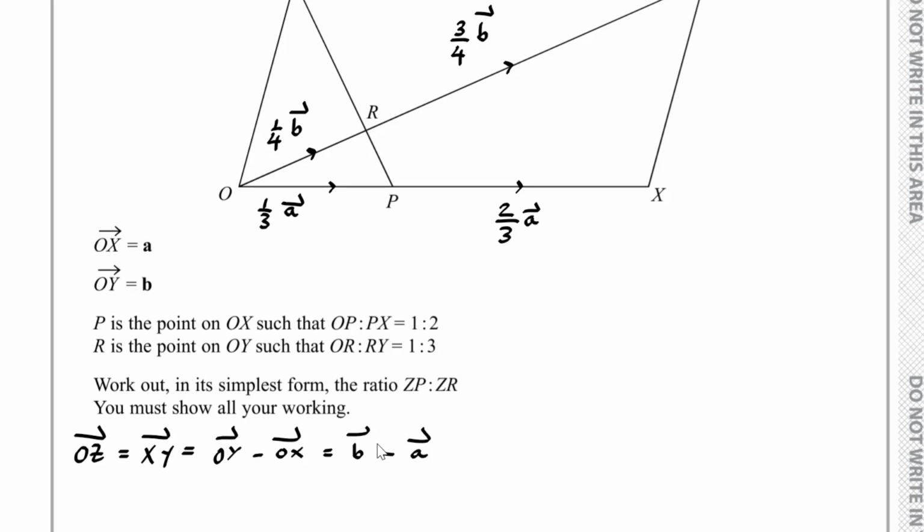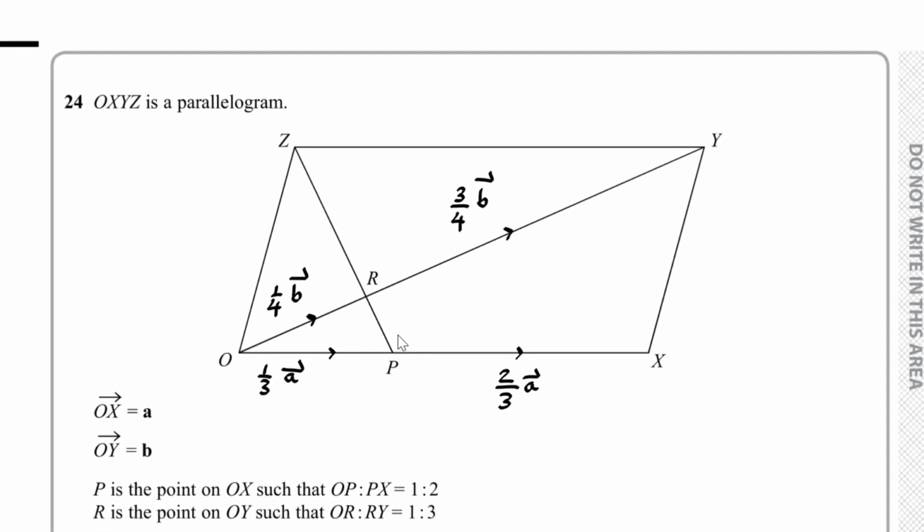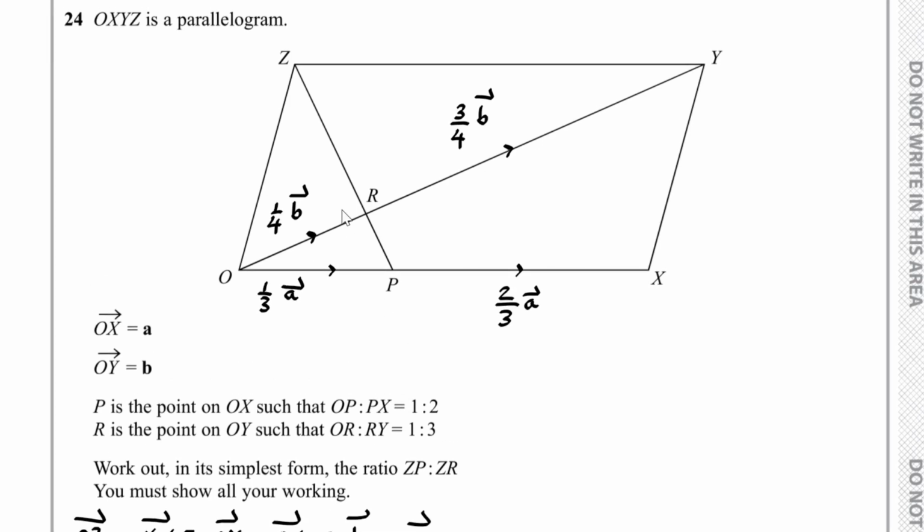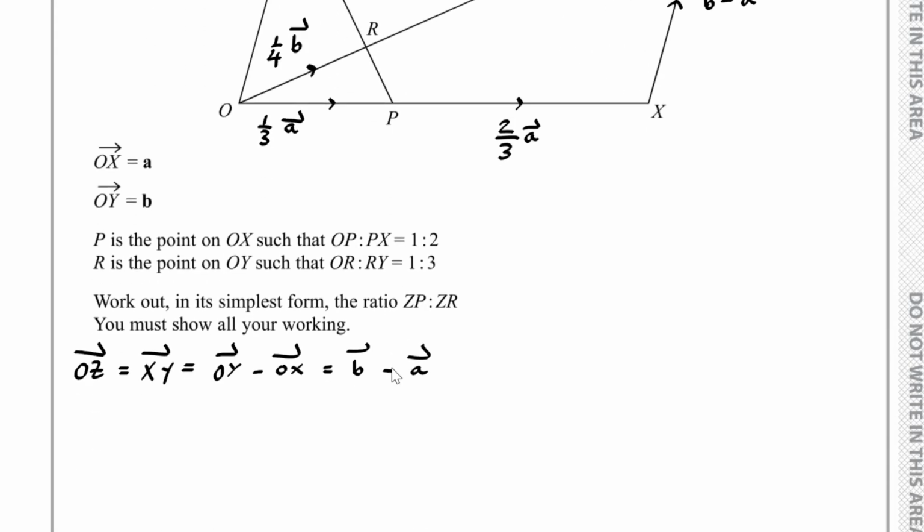Okay, and ZP, starting at Z, finishing at P, how can we do that? Well, I know what this vector OZ is, which I just said was B minus A. So what I can do now is work out what ZP is. ZP is going to equal OP minus OZ.